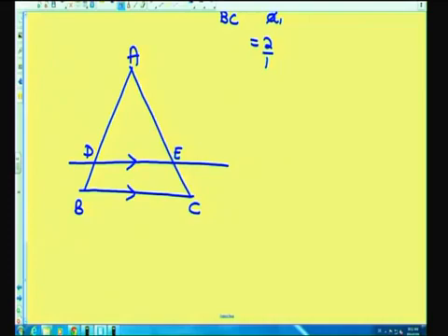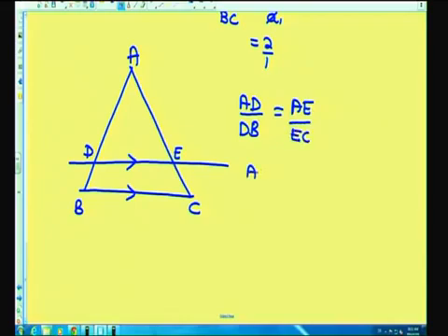So I'm saying to you that this parallel line, wherever it might be, will result in AD being proportional to DB, and AE proportional to EC. So that's one option. So we could say AD over DB equals AE over EC.